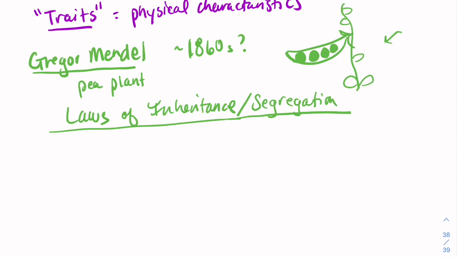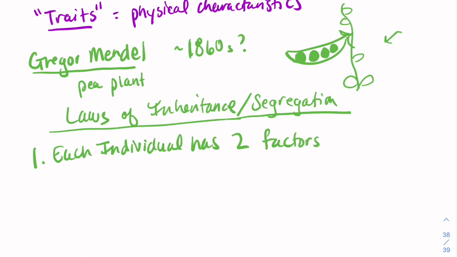First up, he determined that each individual has 2 factors per trait. Like if your earlobe looks a particular way, that's because 2 factors determined that.